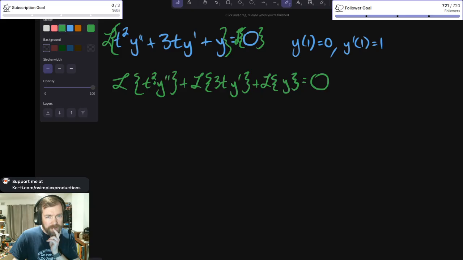But the thing is, I thought that the convolution was actually easy-ish when you had just a polynomial. But maybe not. Oop, there we go. t to the n, e to the at. Oh, okay, no. Because that's not an exponential.